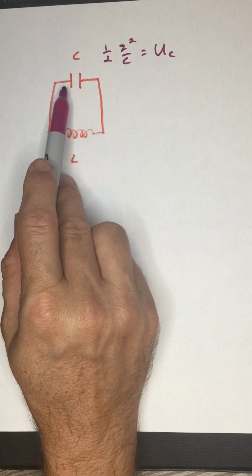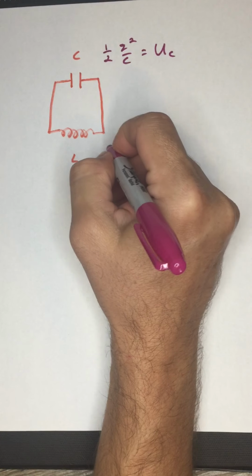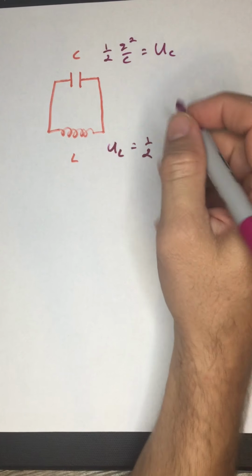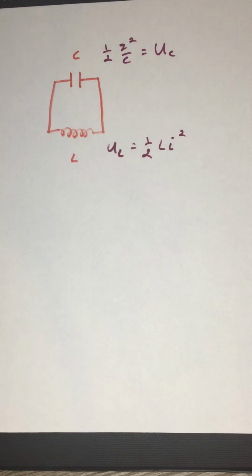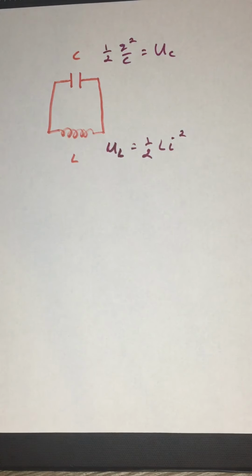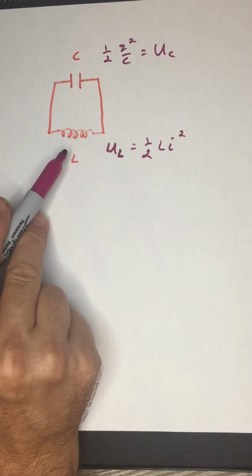So at the point where the capacitor is completely discharged, I have U_L = 1/2 L i squared. This should be an L, this should be a C. The energy has now been completely transferred to the inductor.